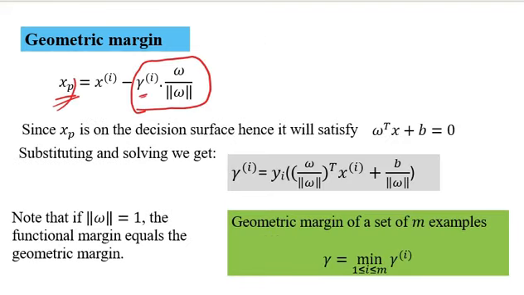So now one thing to be noted is XP lies on the decision surface. So it would satisfy this equation.